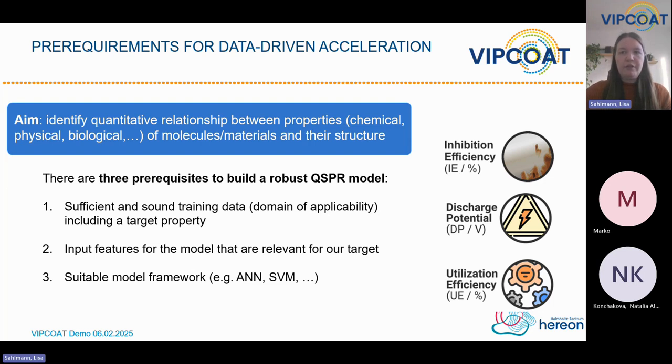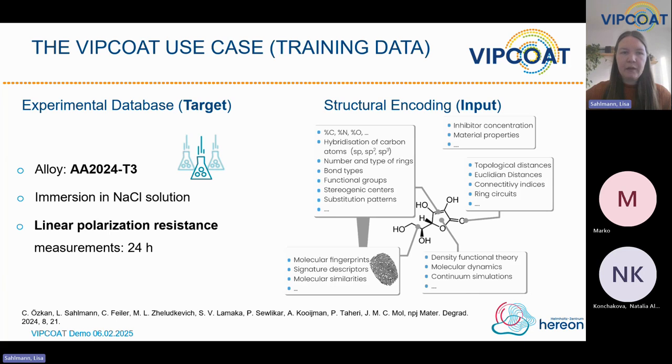So the question is how we encode the structure of the molecules to put them into the machine learning model. And the third point is that we need a suitable model framework. This could be an artificial neural network, random forests, many different machine learning models out there. Now I want to go a little bit more into detail in all these different points.